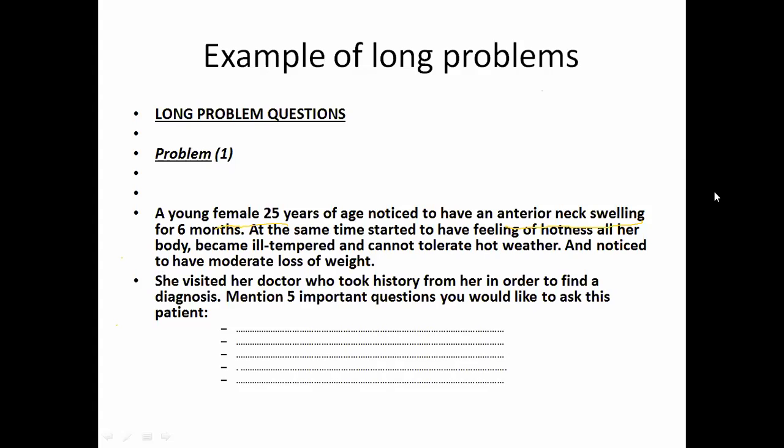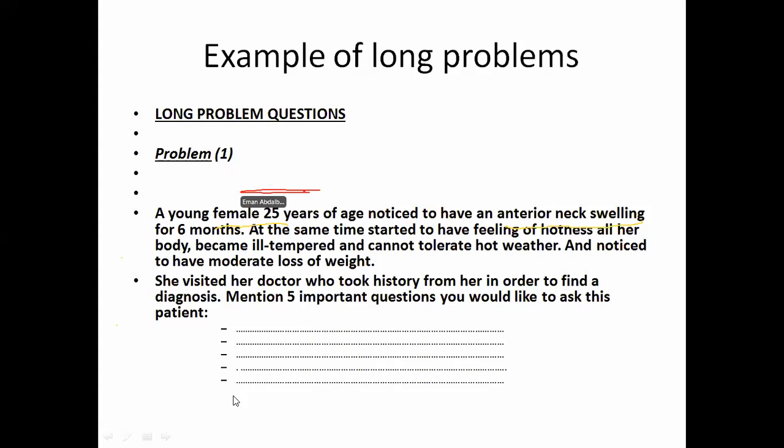Okay, in order to find a diagnosis, if we come to the first part, what are the keywords, Ahmed? Firstly, the gender and age: being a female, 25 years, indicates that we have to take care about certain diseases.